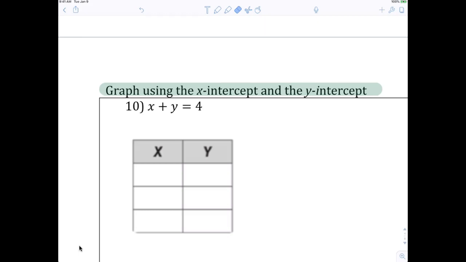And the x-intercept is just a fancy word for saying graph where the line crosses the x-axis. The y-intercept probably means what then?